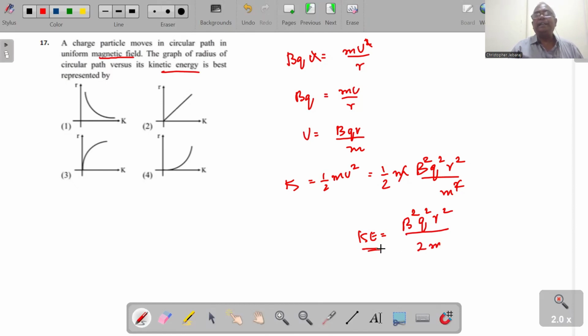We have the relation between kinetic energy and radius. Kinetic energy is directly proportional to r squared. That means for kinetic energy to increase, radius doubles in value, it gets squared. அப்போ kinetic energy கொஞ்சம் increase ஆச்சுன்னா radius double the value increase ஆகிறது இதில் தான். So the answer 3 is correct.